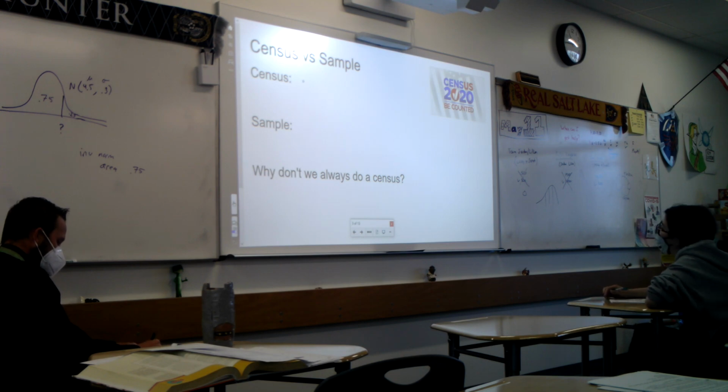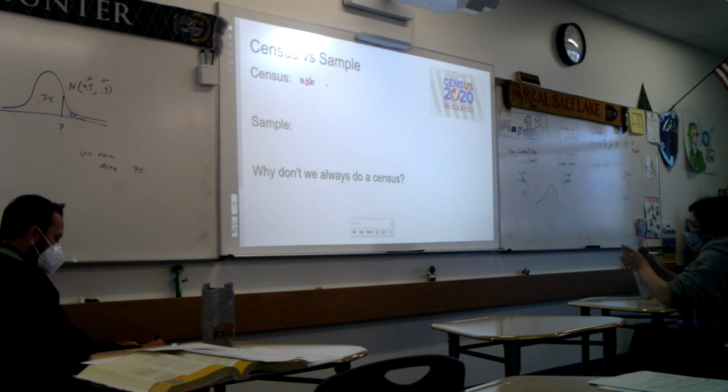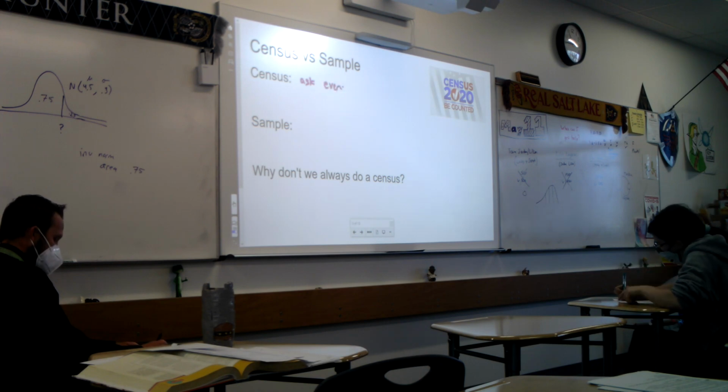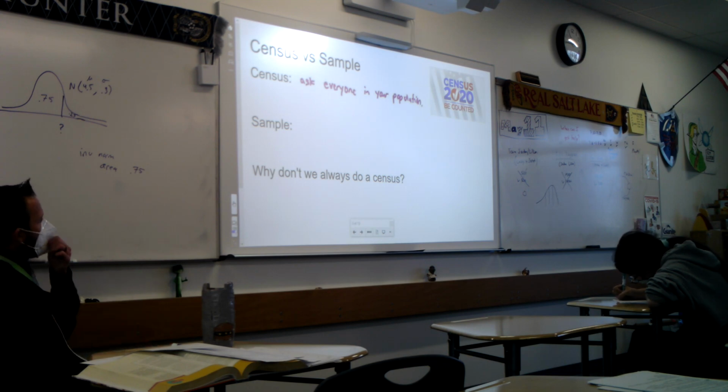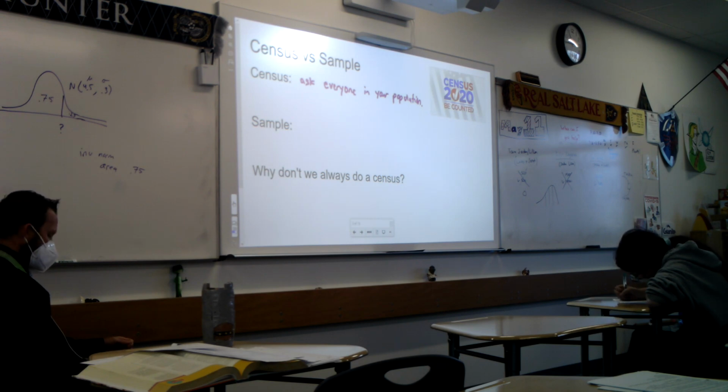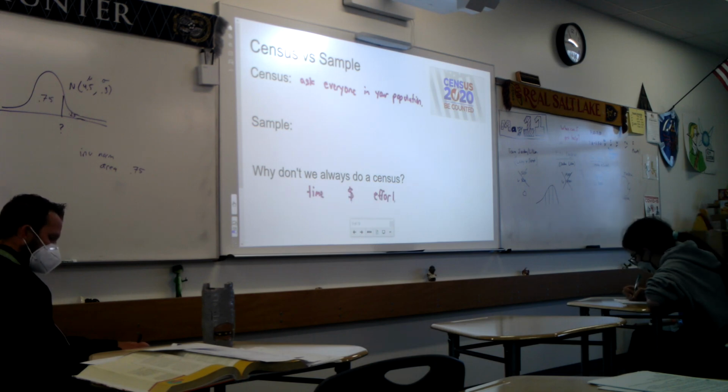So a census is when you, let's talk about this in terms of statistics. This is when you ask everyone in your population. The challenge with this, which is why we don't always do a census, is the amount of time, money, and effort is just crazy.